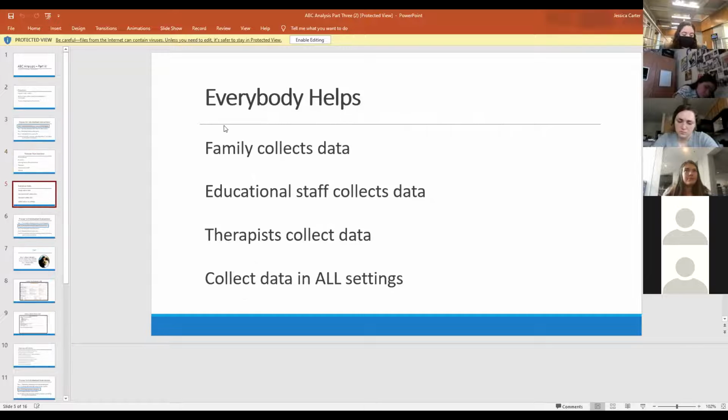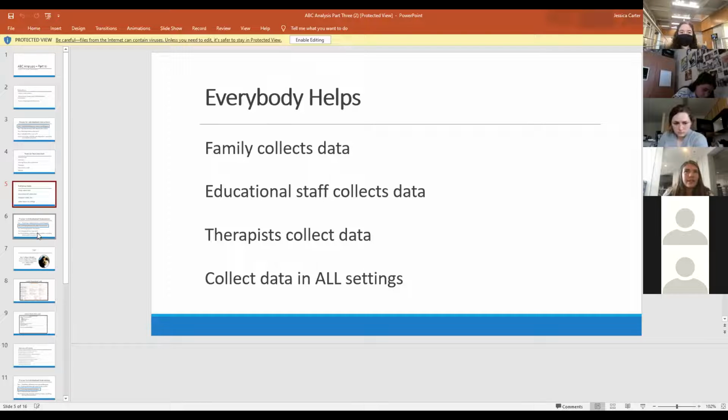And then, at the beginning of this, we really want everyone working together. We want the family collecting data if the issues are happening at home. Certainly the educational staff in the classroom would be collecting data. If therapists are working with the child, they would also be collecting data. So we want data across settings, right?